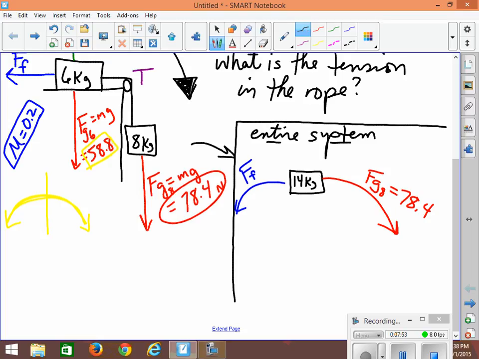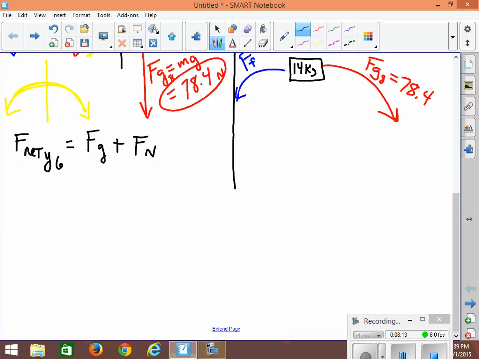So let's quickly examine that and do a sort of F net in the y direction. And we're only looking at the 6 kilogram block. And we can see that there is a force of gravity down and there is a normal force going up. Now, as I said, there is no motion, no acceleration up or down on this y-axis.